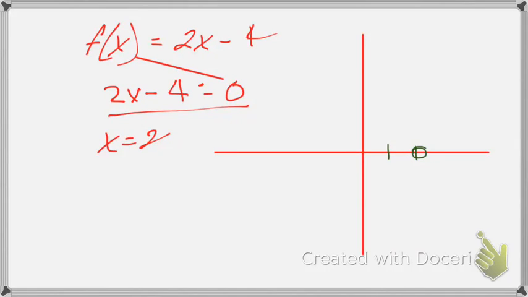Why would you say that there's only one answer that you can possibly have with a linear equation? What's the exponent up there? You can have one answer. Plus, if you have a linear equation, are all linear equations functions?